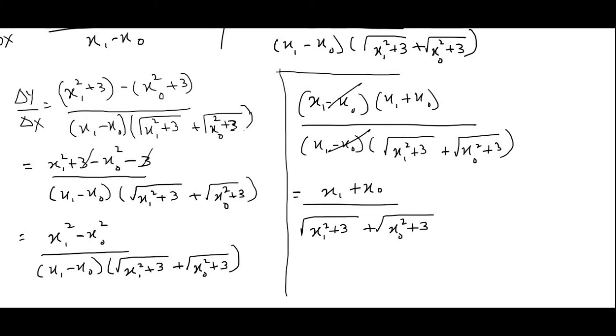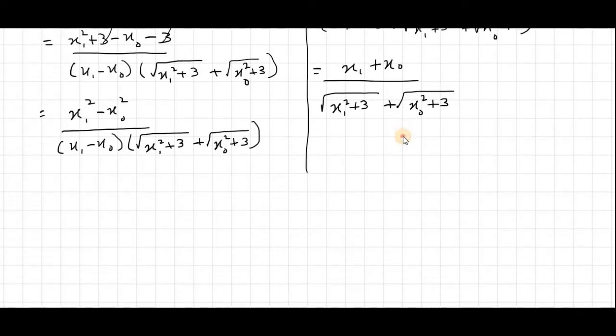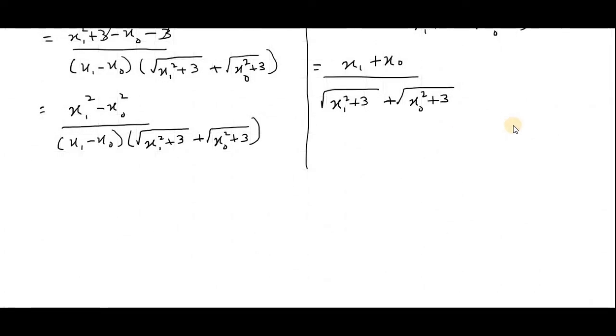Now here we can put the values of the points x0 and x1 to find out the final average rate of change.